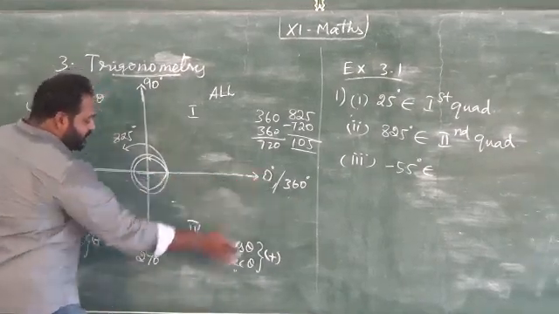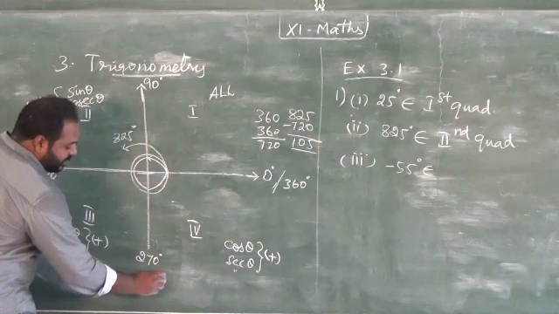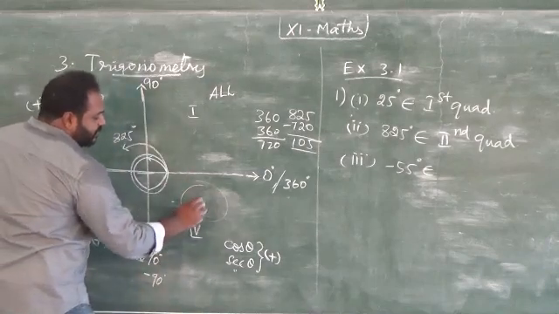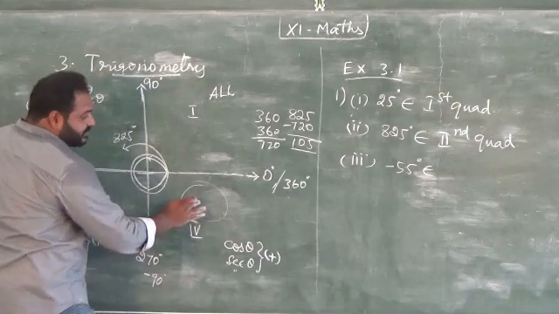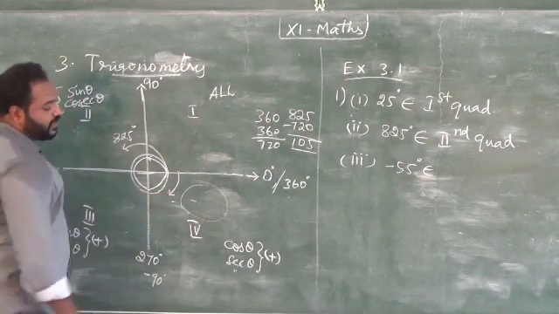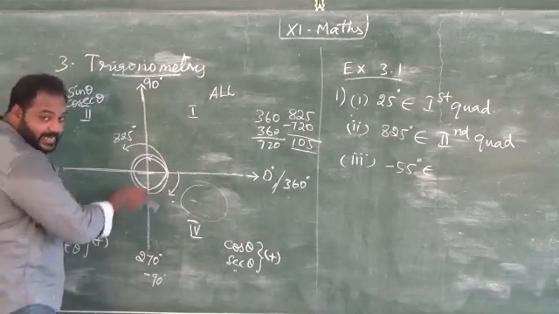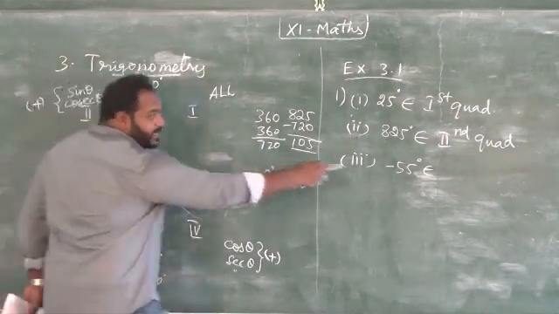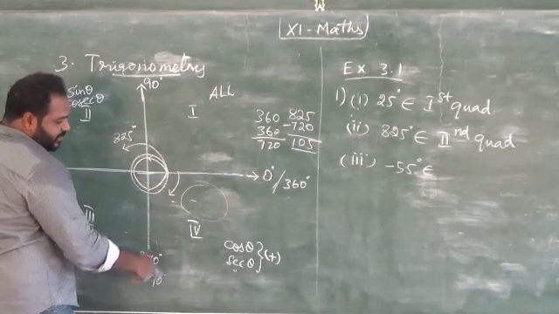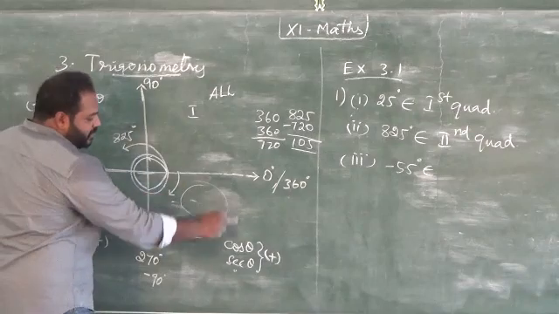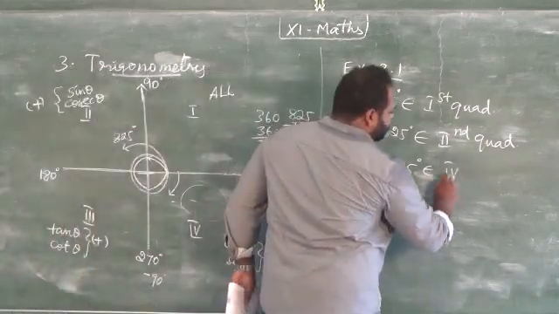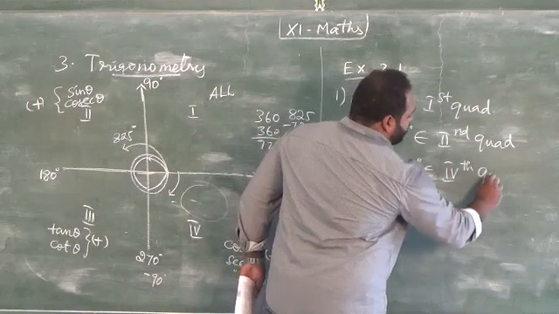Clockwise from 0, so minus 90 will be here. Minus 55 is somewhere in this fourth quadrant, below 90 degrees. So minus 55 will be in the fourth quadrant.